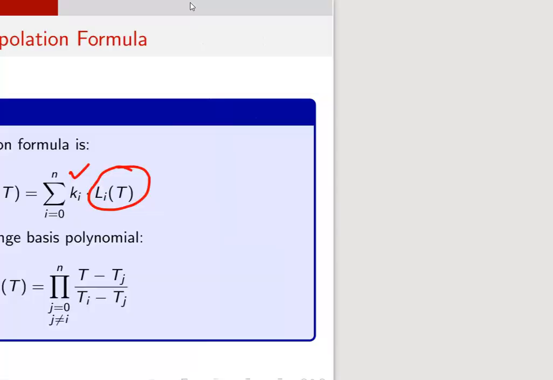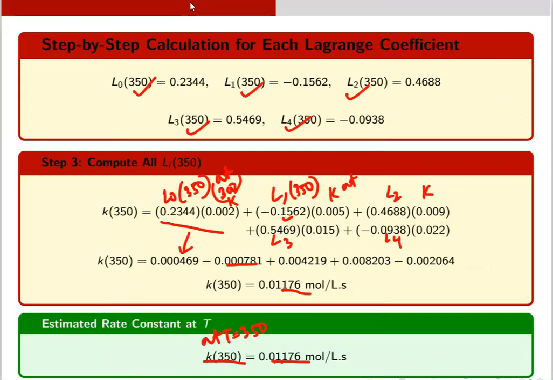We got the result 0.01176, which lies between the values at 340 and 360, so our result is okay. That way we can calculate the reaction rate constant at a particular temperature. So that's it about Lagrange interpolation. Thank you.